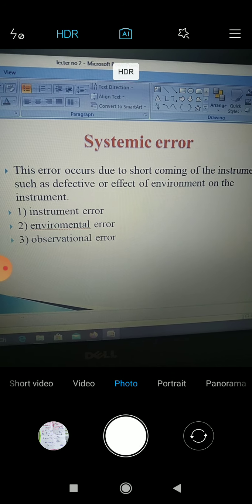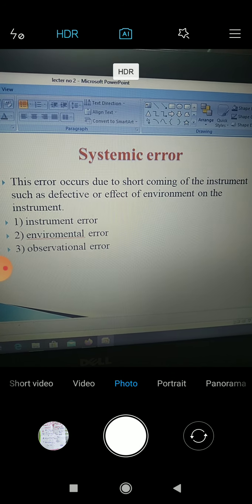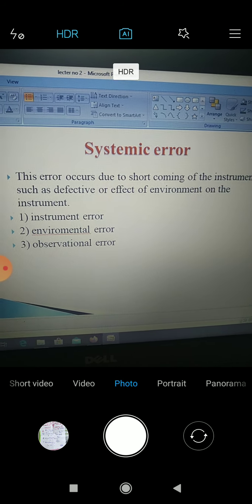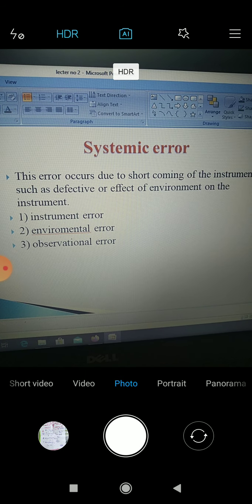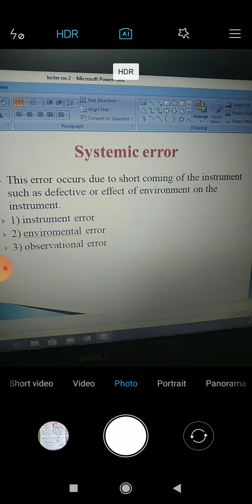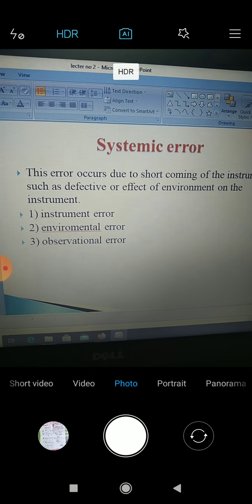These errors occur due to insufficient information about the instrument by the operator. The operator doesn't know the information about that instrument. These errors may be reduced by knowing the proper procedure regarding operation of the instrument. Then only you can avoid or reduce that error.